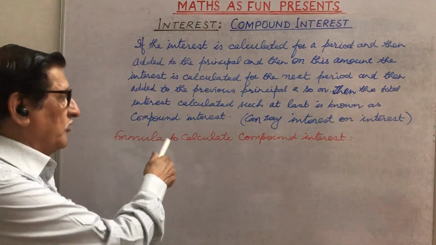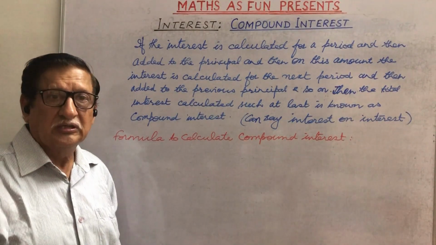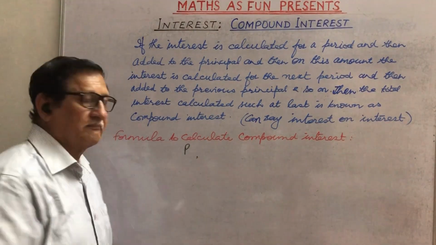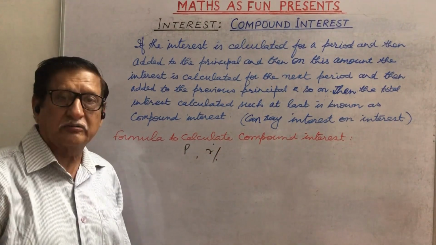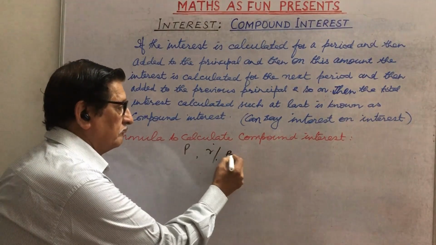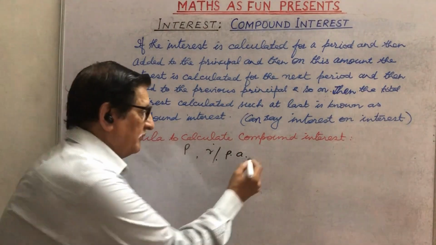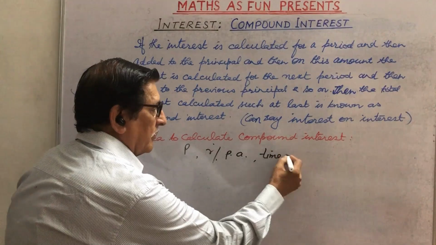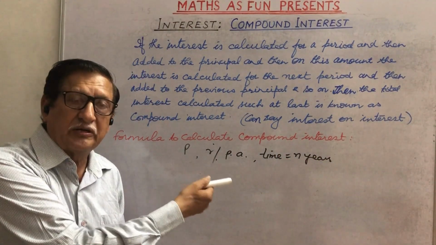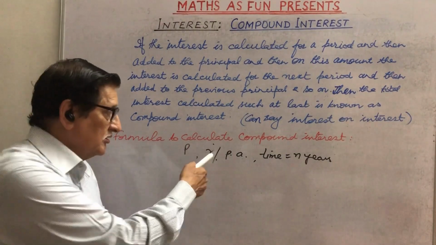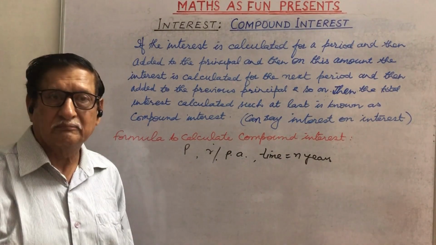Let's learn about the formula for compound interest. Suppose the principal is P and we have R% as the rate per annum. The time is n years. Here we are taking the period as 1 year because the rate is per annum.